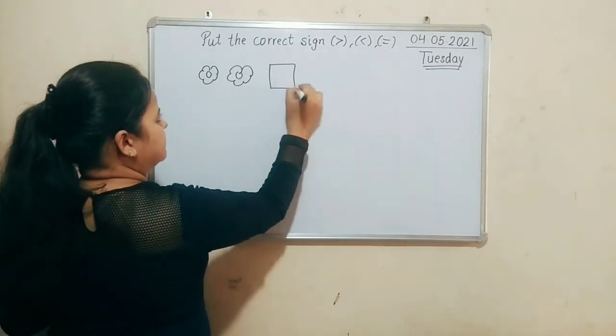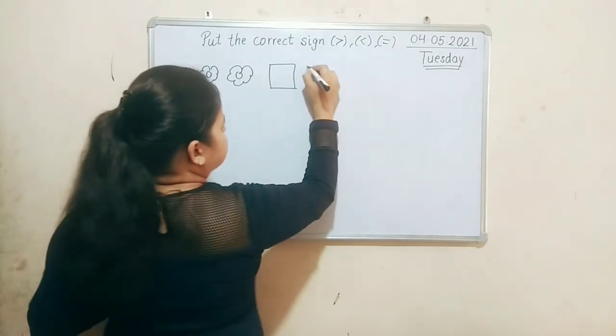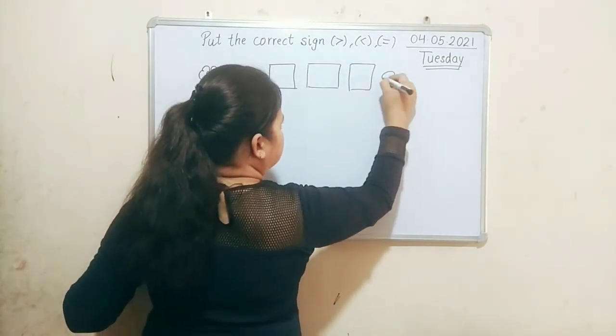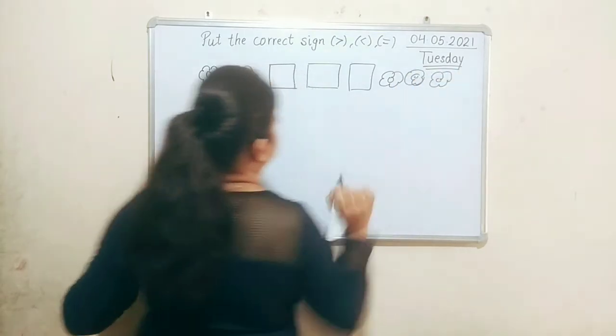Here we have pictures of objects. Here we have put the sign and here are the pictures again.